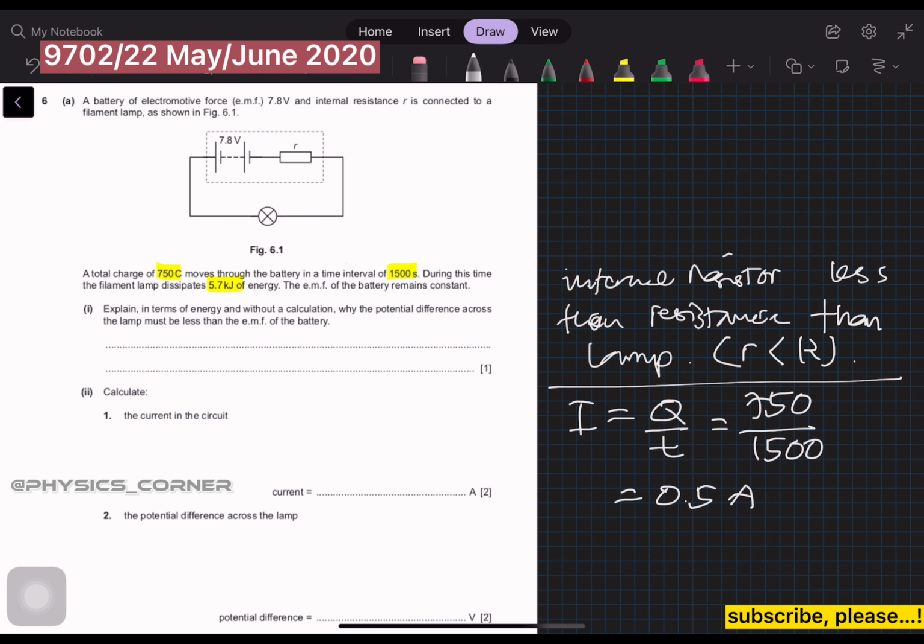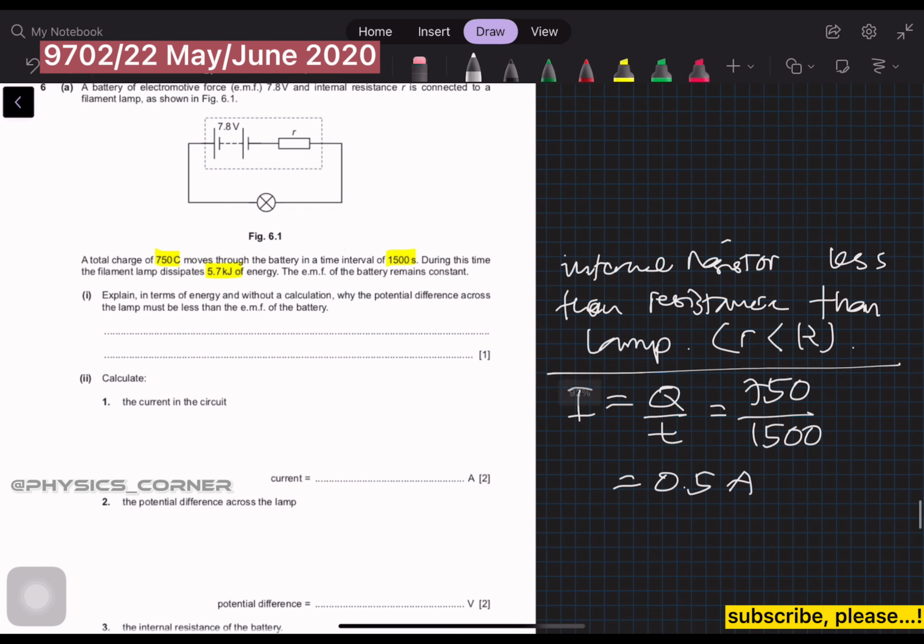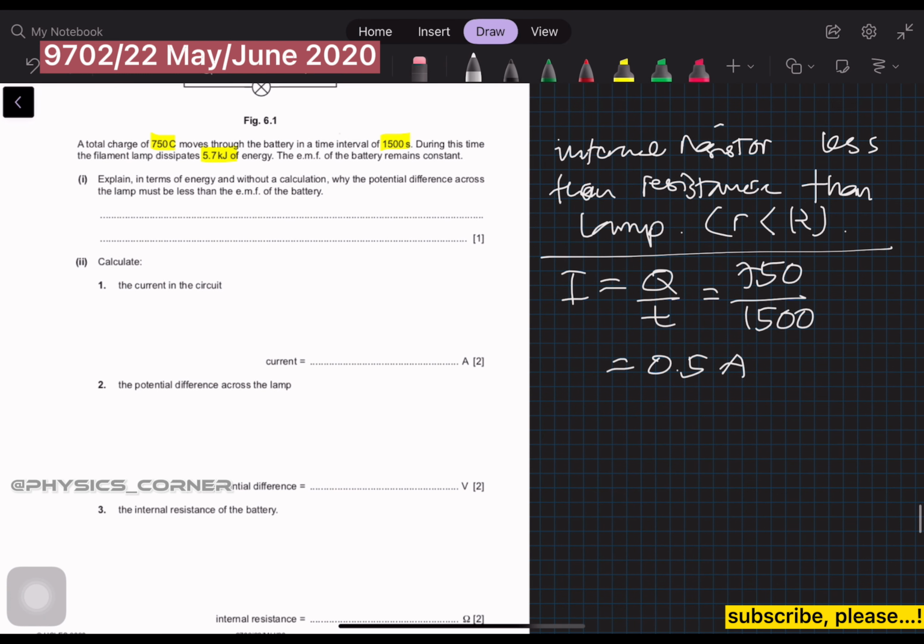Okay, the potential difference across the lamp. PD on the lamp is IR. Oh, wait.